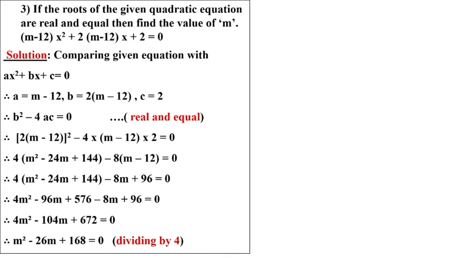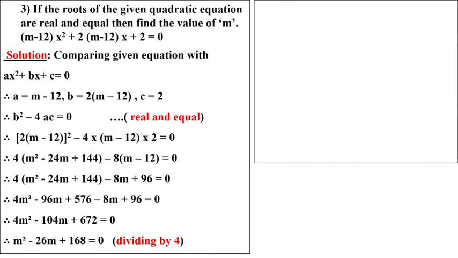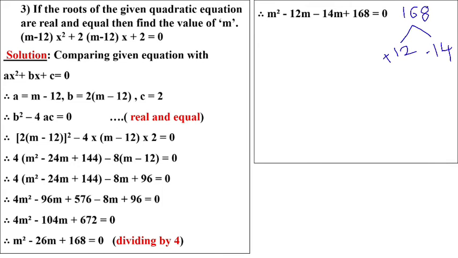Now dividing by 4 we get m square minus 26m plus 168 equal to 0. Now we will split the 168, and we want 26 as the sum. So it became 12 and 14, whose product is 168.